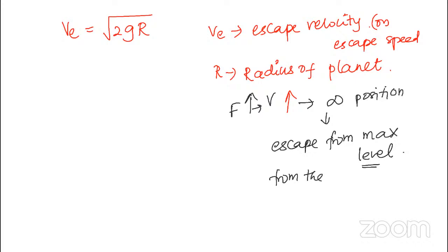When we go from the earth surface at maximum speed and reach the infinite positions, automatically the g value decreases and tends to 0.